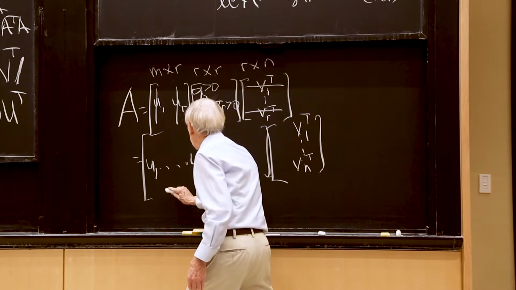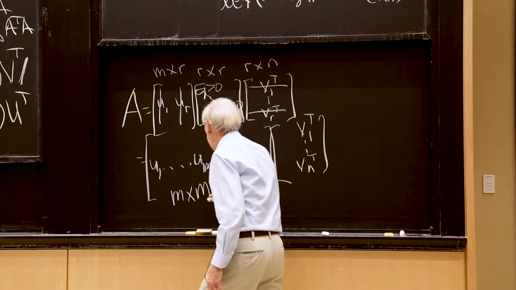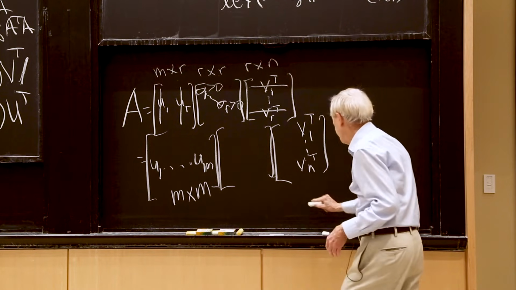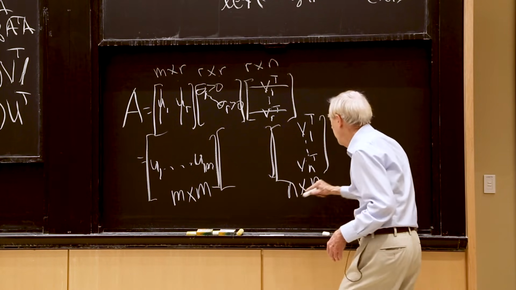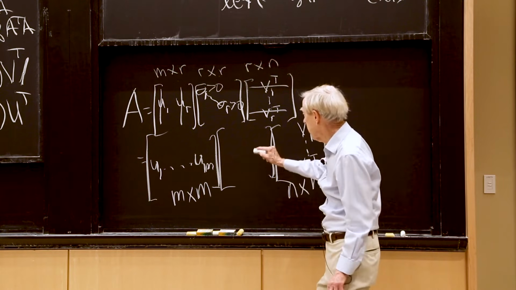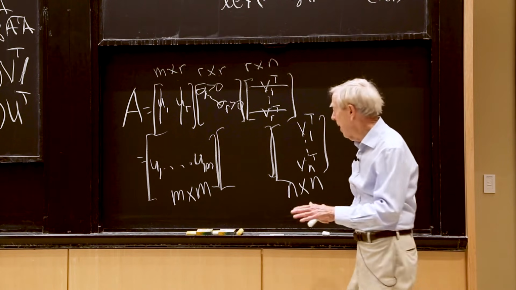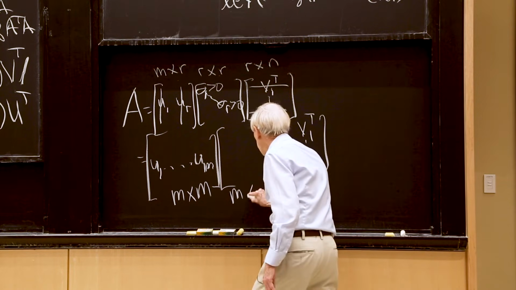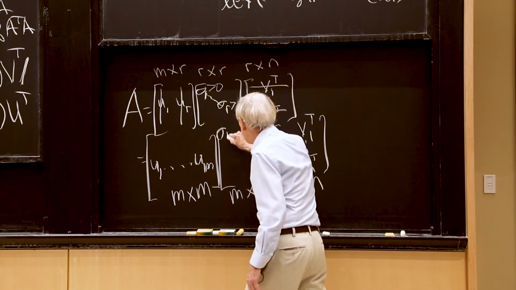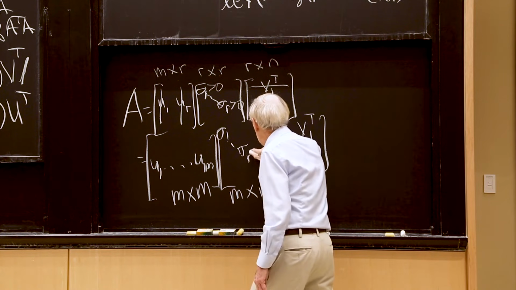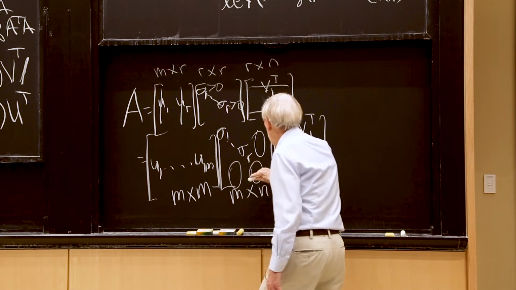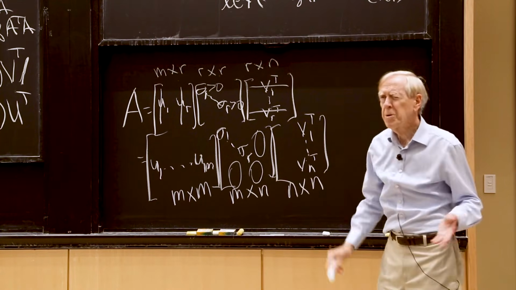This shape is M by M. It's a proper orthogonal matrix. This one also, N by N. So this guy has to be, this is the sigma now, so it has to be what size? M by N, that's the remaining space. So it starts with the sigmas, and then it's all zeros, accounting for null space stuff.